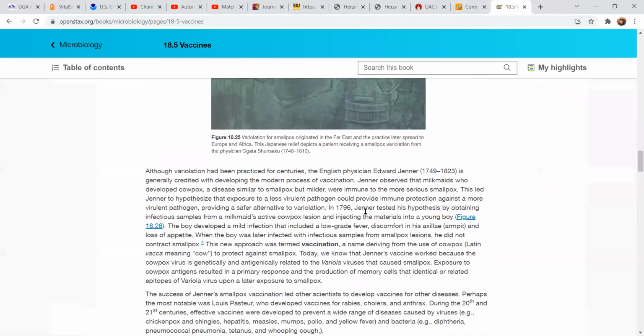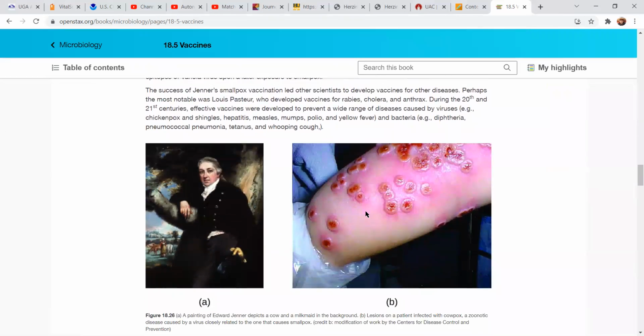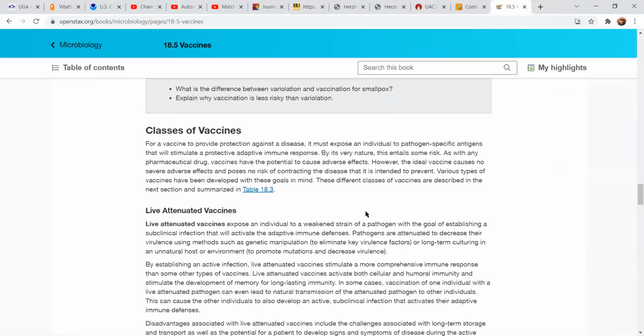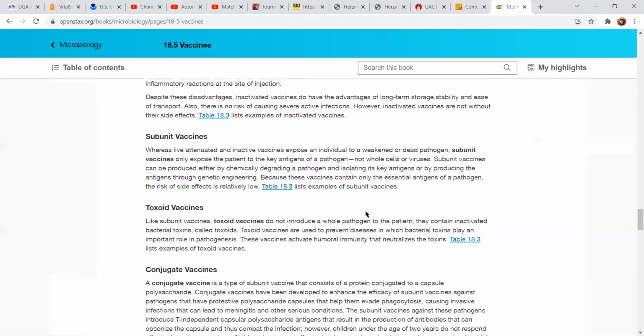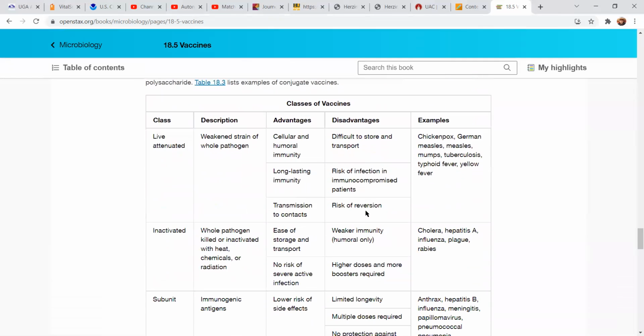So then we get into the history of the development of vaccines and then the different types of vaccines. With vaccines, we have live attenuated. Basically, these are weakened. They produce long-lasting immunity. They produce both cellular and humoral immunity.